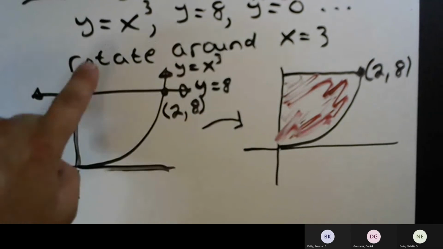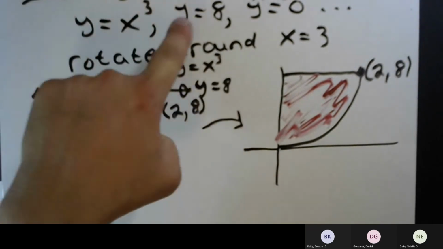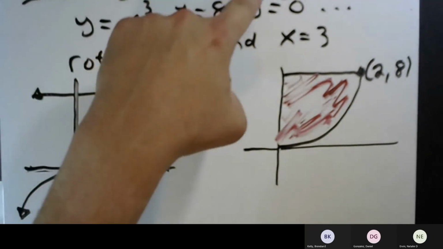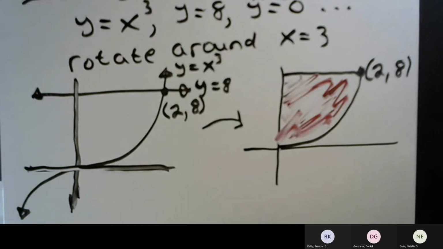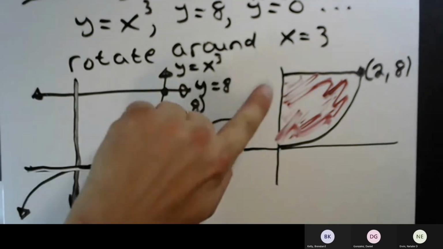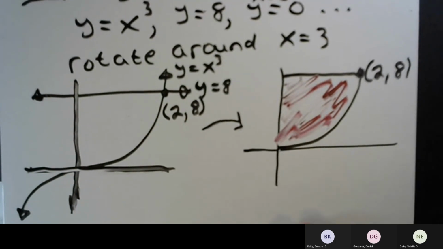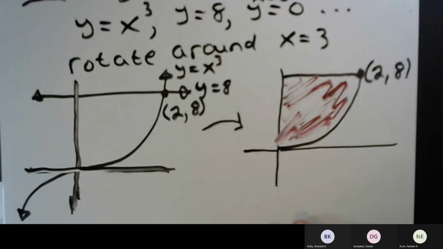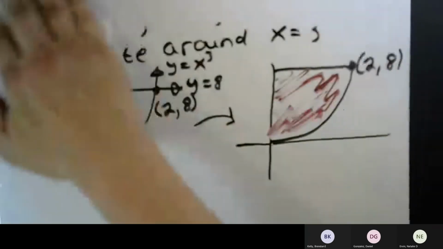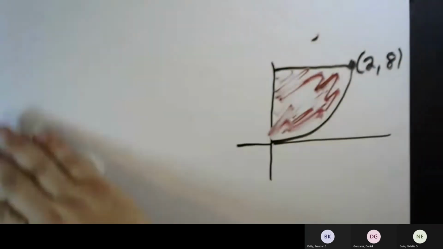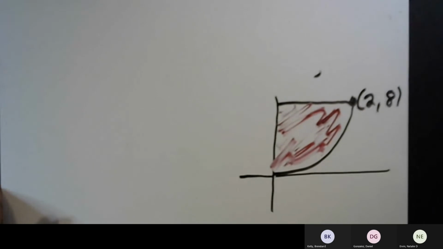That's the region bounded by y equals x cubed, y equals 8, x equals 0, and y equals 0, which we technically don't really need. But we're going to rotate this not around the x-axis, not the y-axis, but around x equals 3. So let's see what this looks like. Any questions about that?